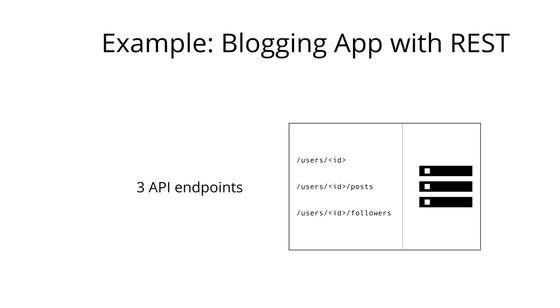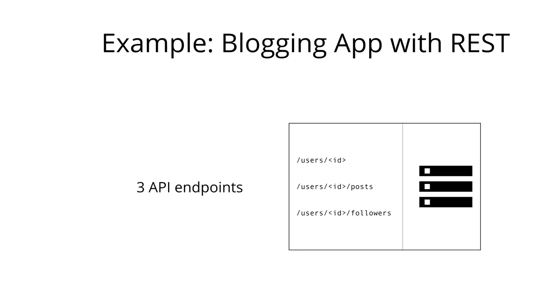Then we would also have a /users/ID/posts endpoint that would return all the posts for a specific user. And finally, we also would have the /users/ID/followers endpoint, and here we would get back all the followers of the user that's identified by the ID that we're passing in the URL.